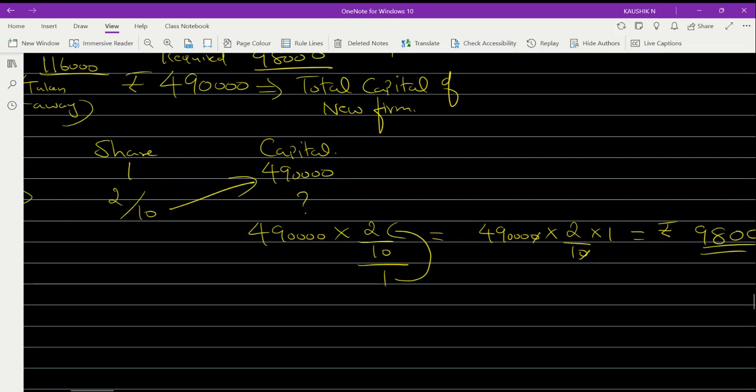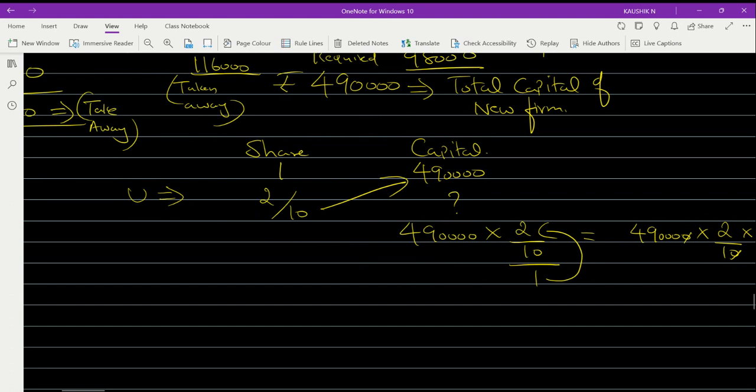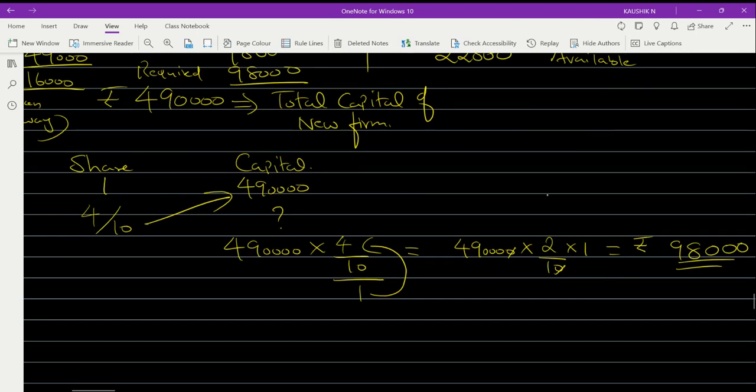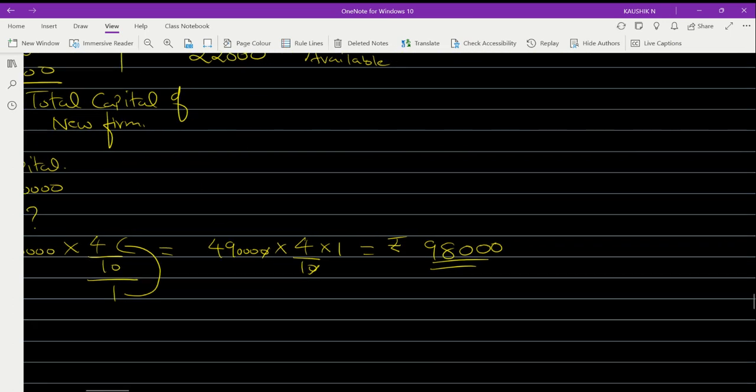Okay, so in the same way for V, if it is 4 by 10, how much is required? So this amount 49,000 should be multiplied with 4 by 10. So calculate and tell me what amount you get.